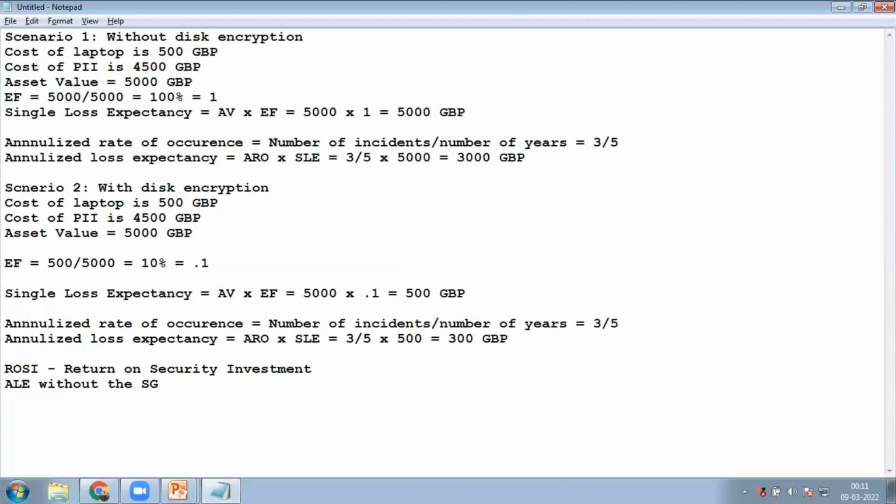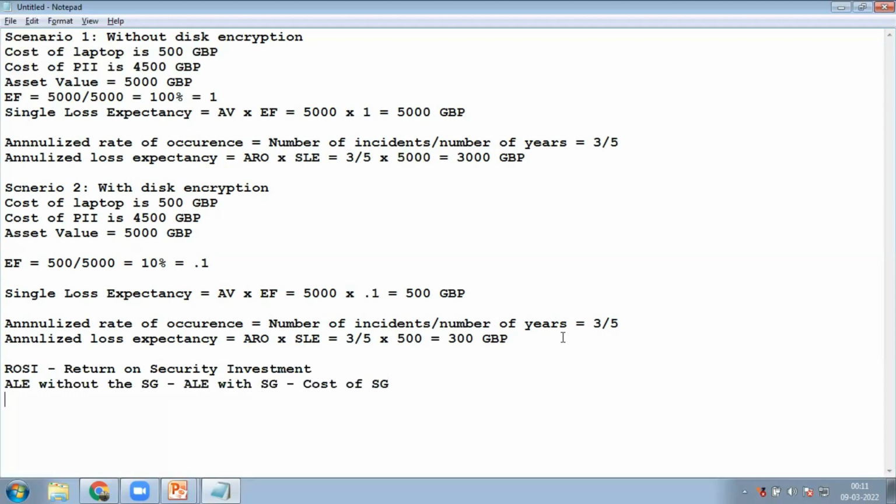Here the threat is the laptop getting lost, and the exposure could be the PII. Then it's ALE without the safeguard minus ALE with the safeguard minus cost of the safeguard.